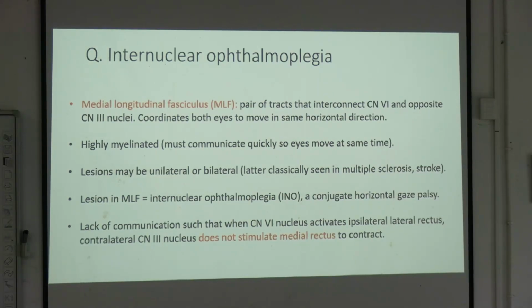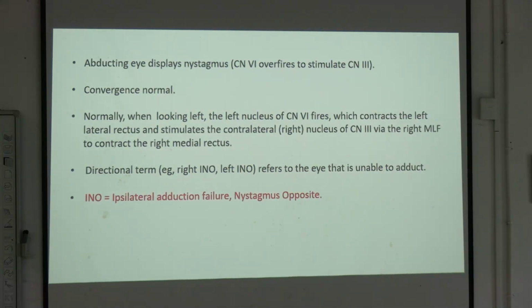The medial rectus cannot contract. So what will the ultimate effect be? The abducting eye, which cranial nerve 6 stimulates, will show nystagmus because cranial nerve 6 overfires to stimulate cranial nerve 3.